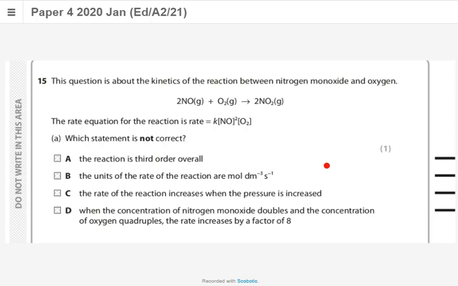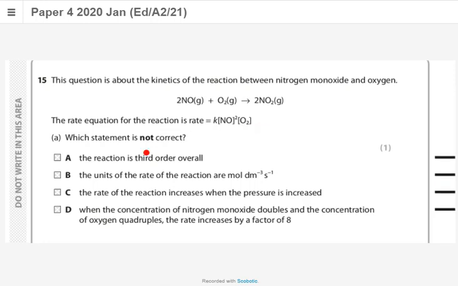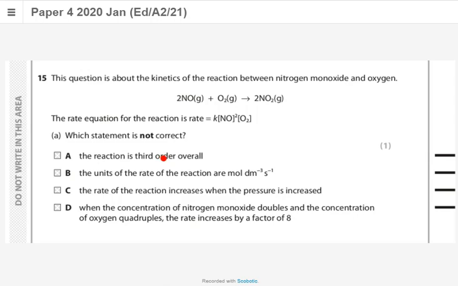The question is about the kinetics of the reaction between nitrogen monoxide and oxygen. The rate equation for the reaction is given. Which statement is not correct? The reaction is third order overall. That is correct. 2 plus 1 is 3, the overall order.